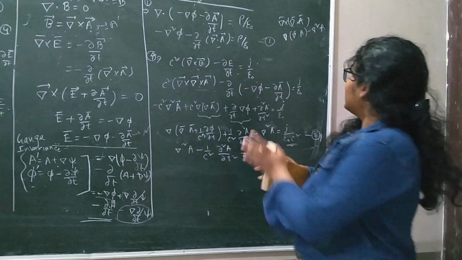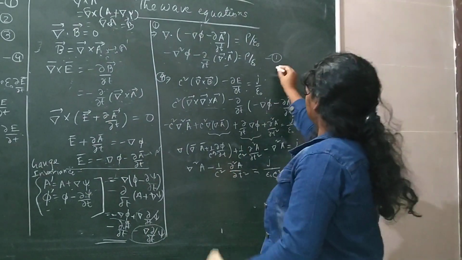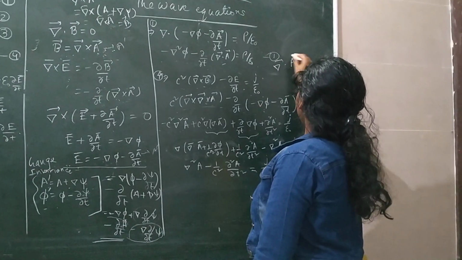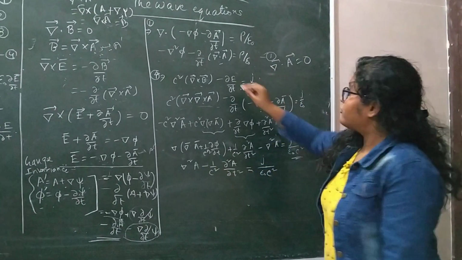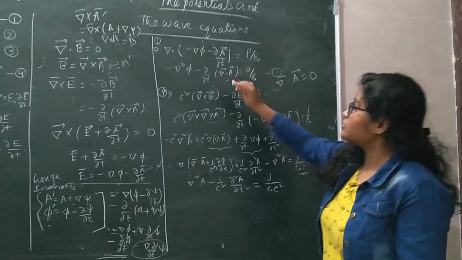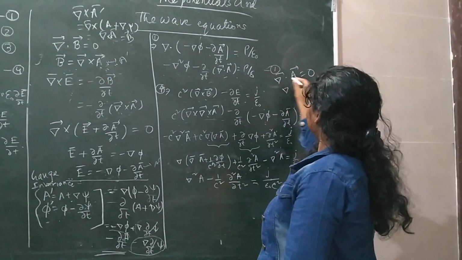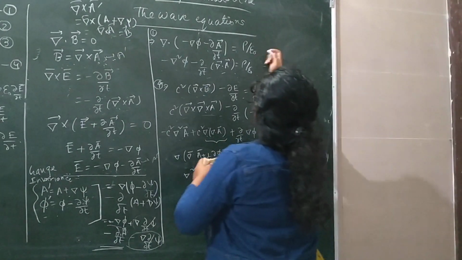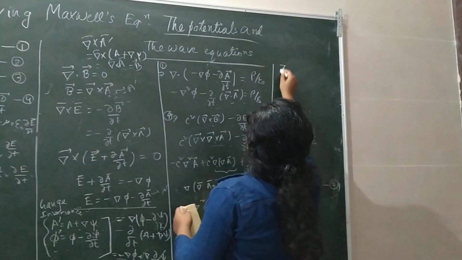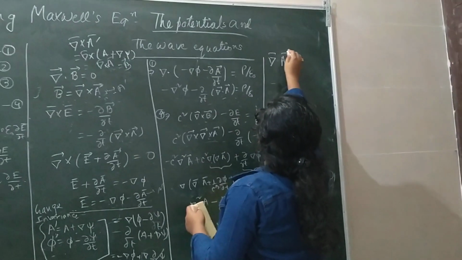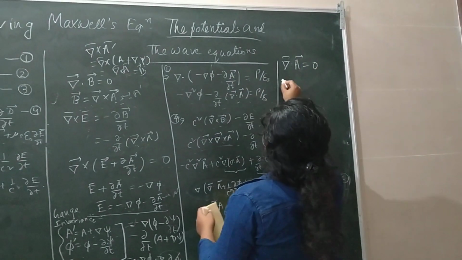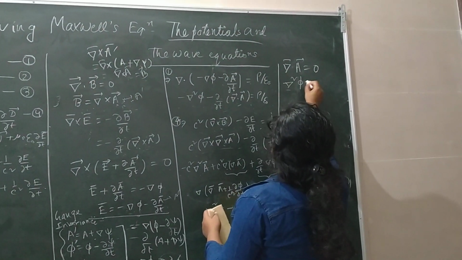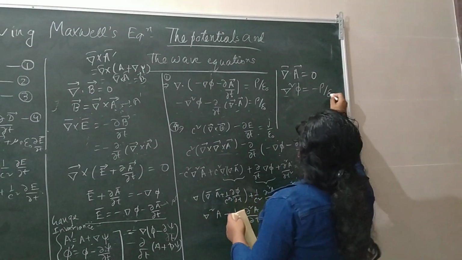For Coulomb gauge, you will take del dot A equals to 0. So whenever you take del dot A equals to 0, your first equation becomes del square phi. Let me write it clearly. Whenever you take del dot A equals to 0, you get del square phi equals to minus rho by epsilon naught.